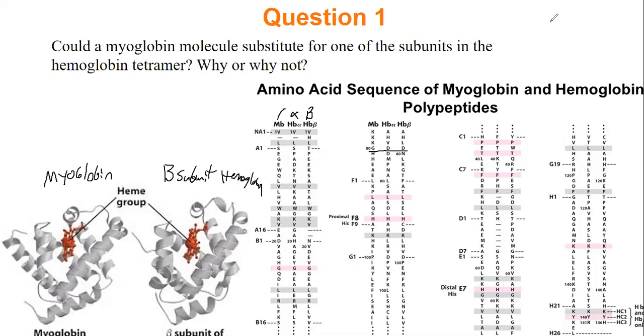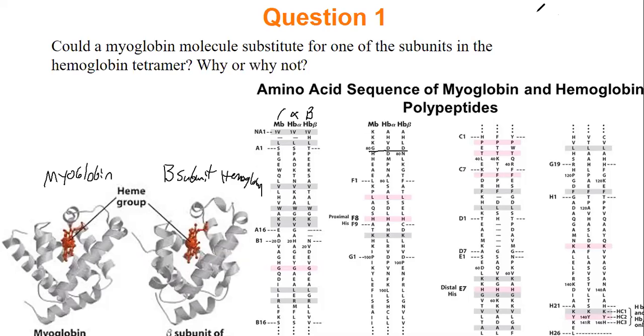Those are broken and new ones are formed. The formation of new interactions between subunits causes the other subunits to change, and they will adopt the R state as well. A change in tertiary structure leads to that overall change in quaternary structure. So that is what's going on.